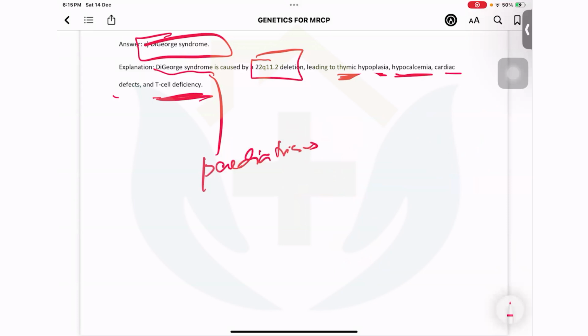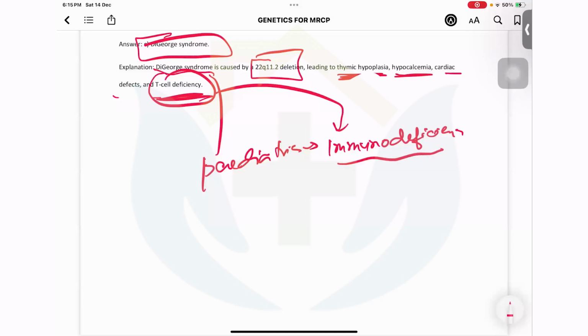It is associated with T cell deficiency, so it is basically an immunodeficiency disorder of T cells.